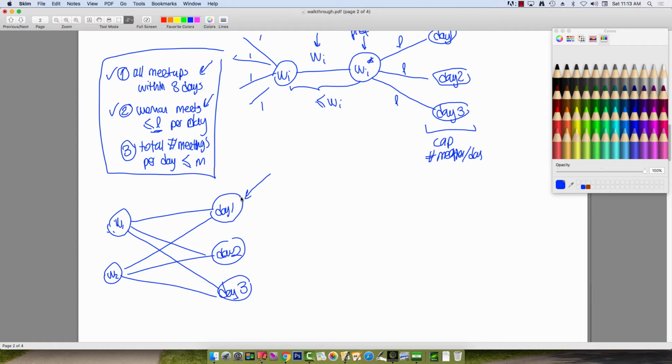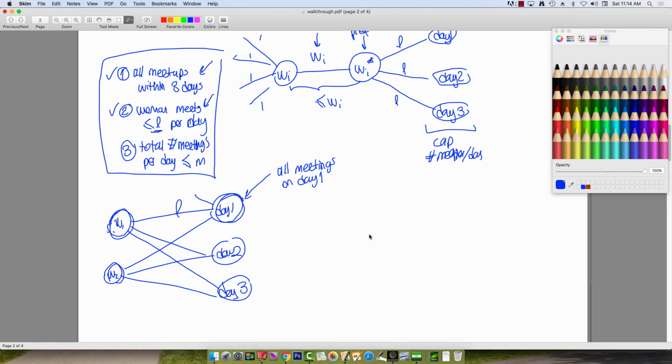So if we look at this day 1 node, this is going to give us all meetings that happen on day 1, regardless of which woman and man they're involved. So it is going to have all the meetings from woman 1, woman 2, woman 3, if there are any. It is just going to have all the incoming edges.